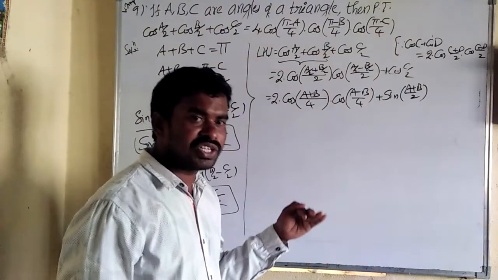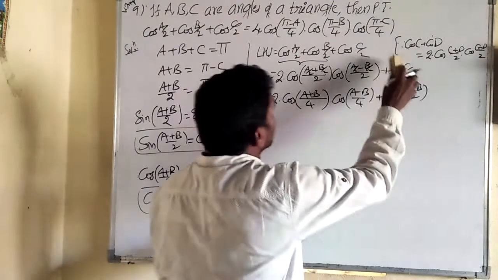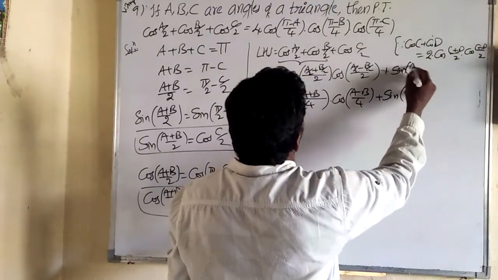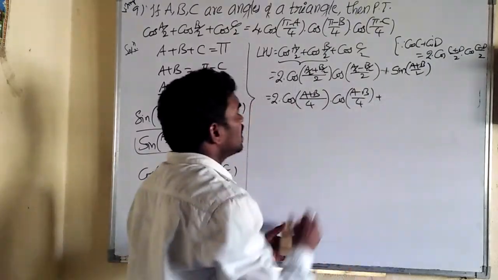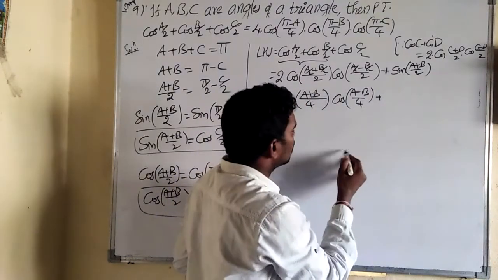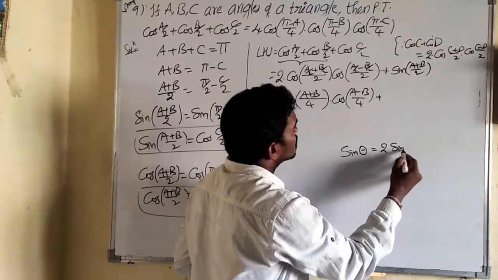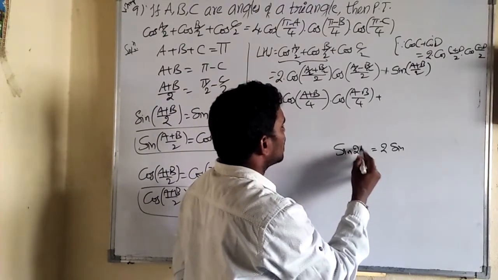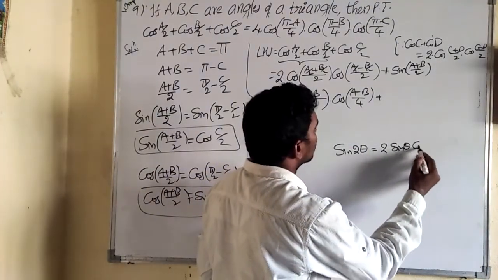For reducing one more step, in the above step I am writing cos c/2 as sin of (a+b)/2. In the next step, I am considering sin of (a+b)/2 as sin theta, and we apply the sin 2 theta formula. What is the sin 2 theta formula? 2 sin theta cos theta.